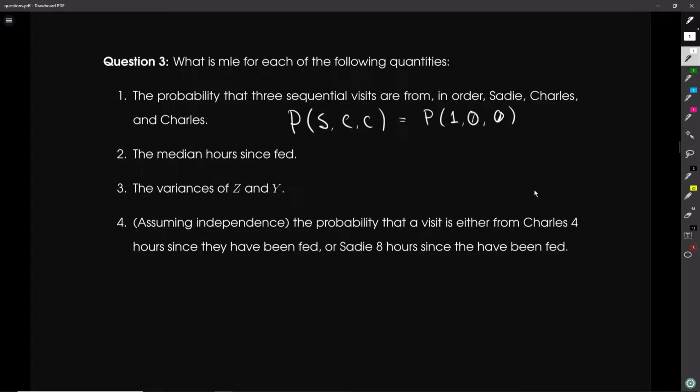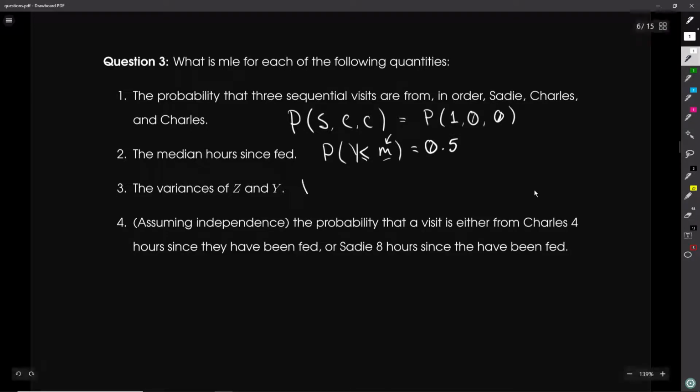Now, the second part wants to know what is the median hours since fed, the maximum likelihood for the median hours since fed. And so what we want to know there is, if we think about the value, the probability y less than or equal to some value m equals 0.5. And that's going to be the median here, m. So we want to fill in what is this value of m in the maximum likelihood situation.